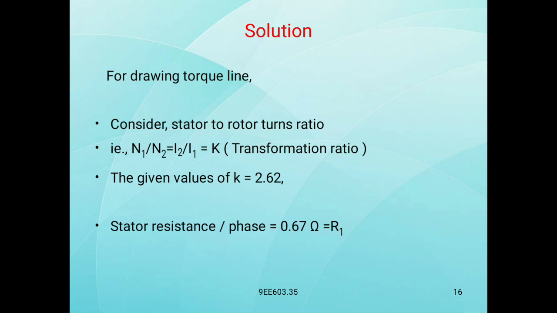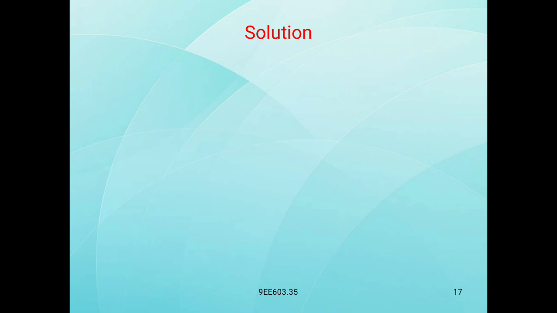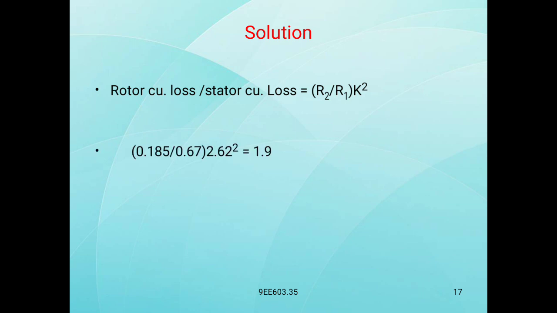Stator resistance per phase is 0.67 ohms, that is R1, and rotor resistance per phase is 0.185, that is R2. Here rotor copper losses to stator copper losses is R2 by R1 K square, which gives 1.9.